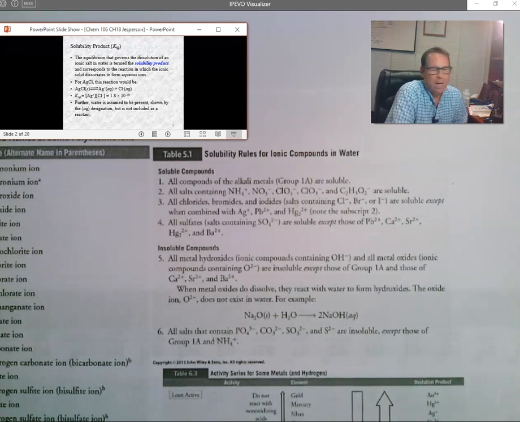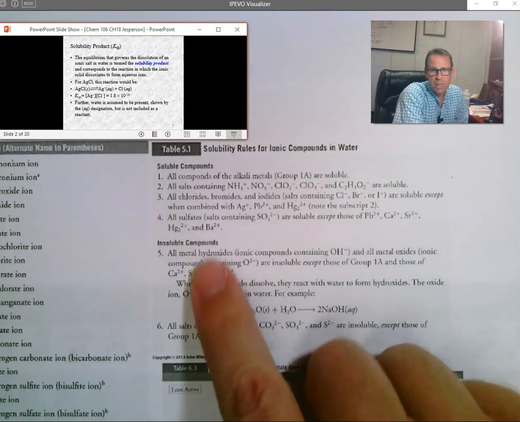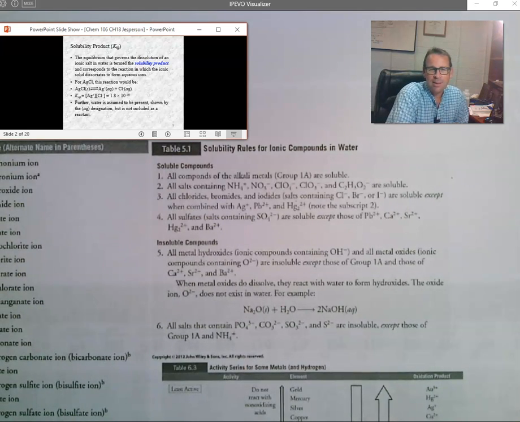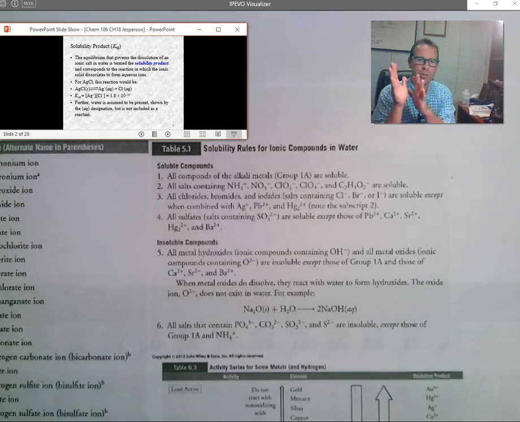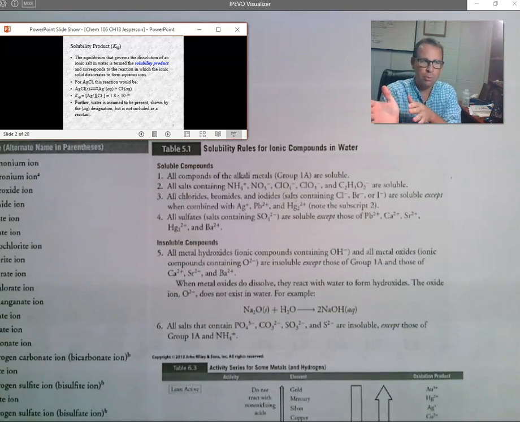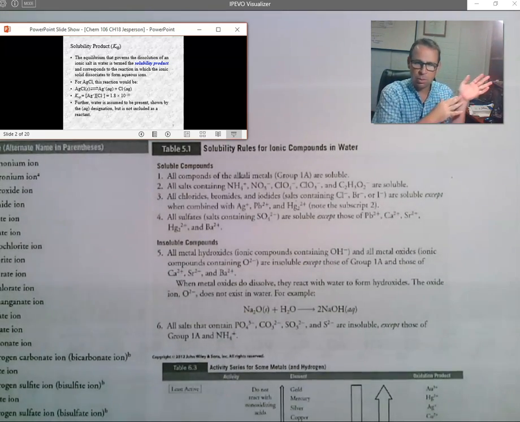They essentially tell us which ionic compounds are soluble when you put them into water. The rules lead you to believe that some compounds are soluble, they do dissolve in water, and some don't.